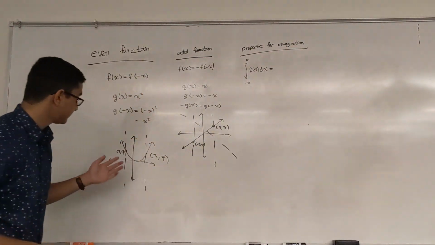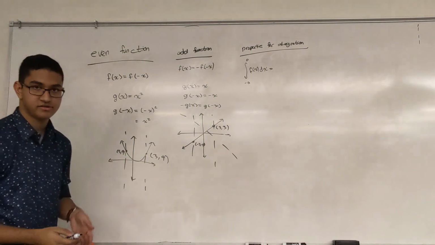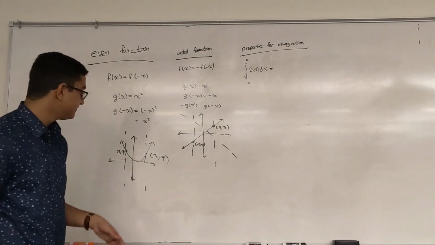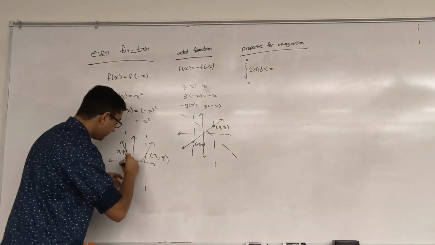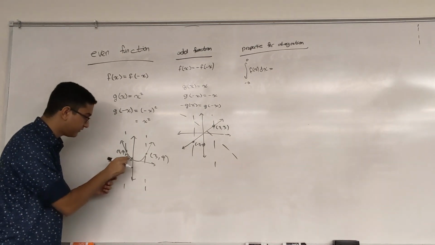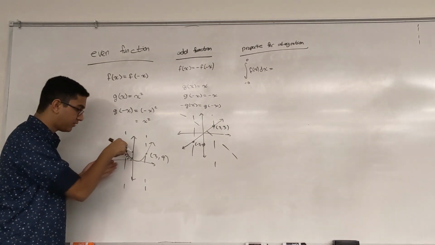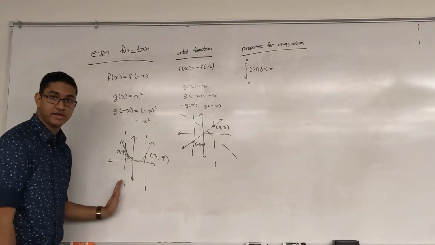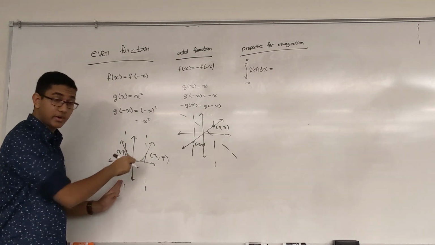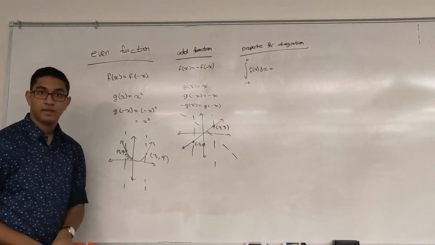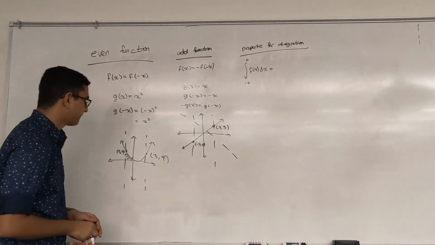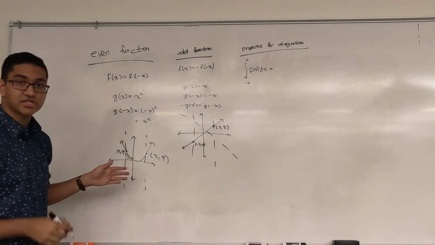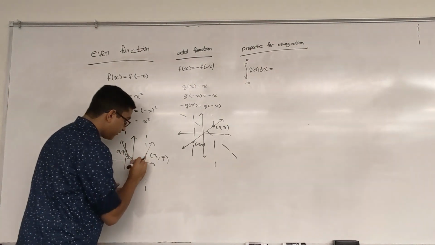So for g of x, this integral from negative a to 0, with a being 3, is just going to be this section under the curve, bounded by the line x equals -3, the function x squared, and obviously the x-axis, y equals 0. And we'll notice that this integral is actually equivalent to the integral from 0 to a.